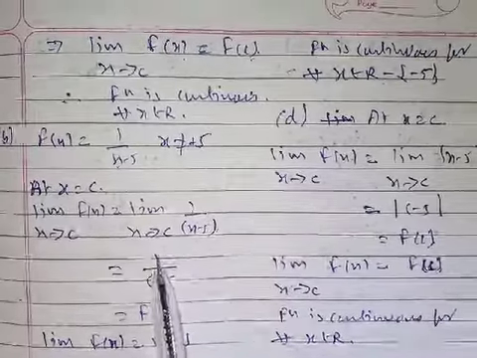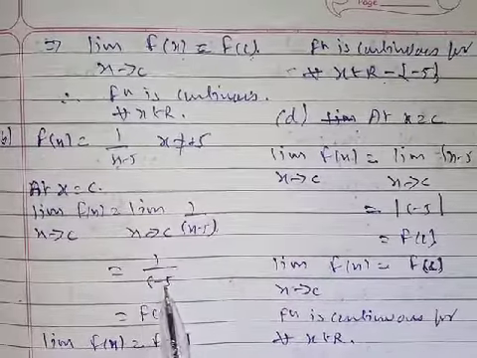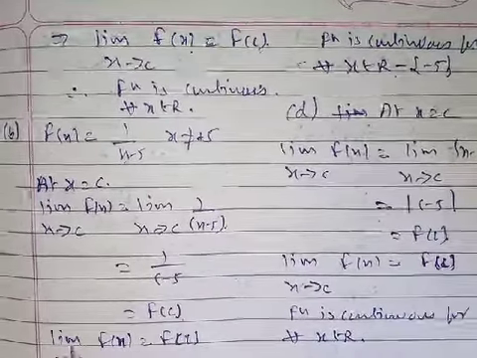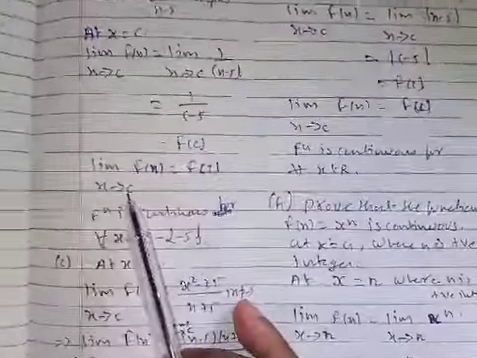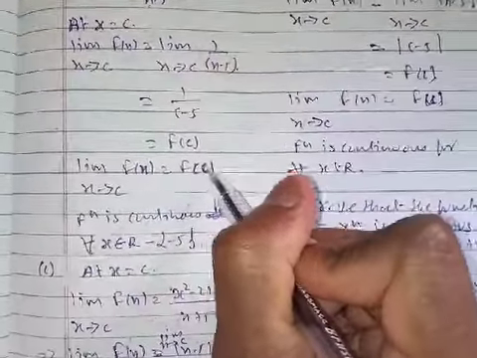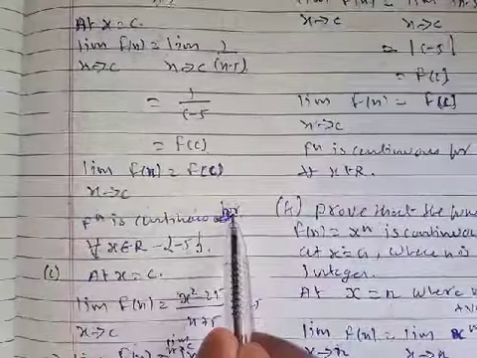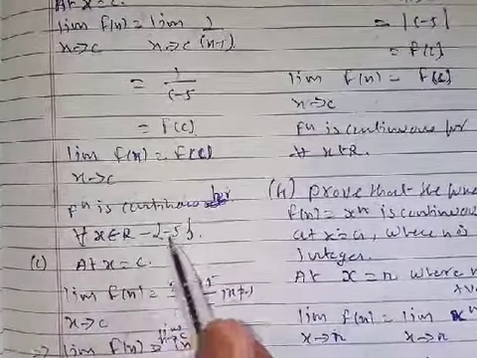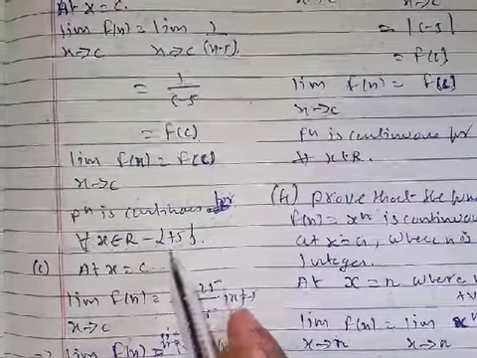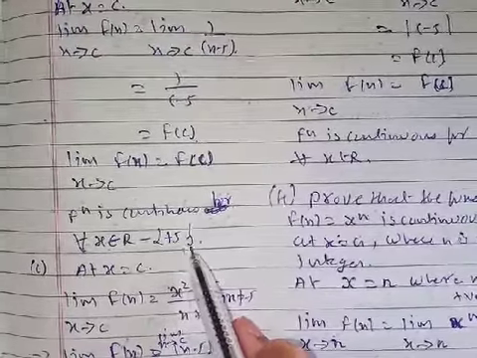So it becomes 1 upon c minus 5. What is 1 upon c minus 5? F of c. So we prove that limit x tends to c, f of x is equal to f of c. So the function is continuous for every x belongs to R, excluding 5.